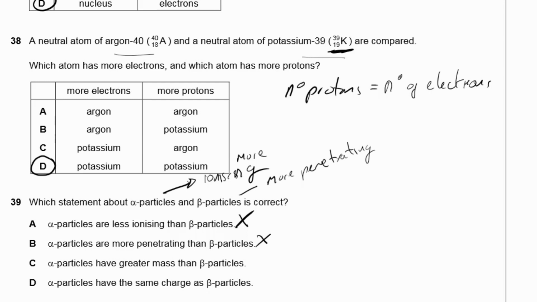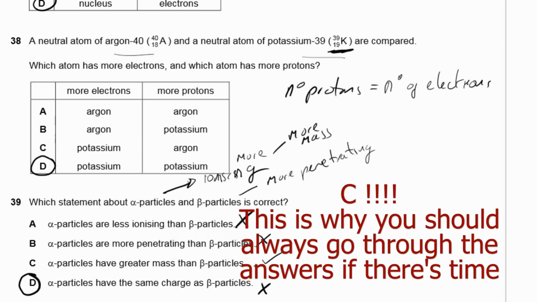We're going on to mass. Interesting, because alpha particles do have more mass. So yeah, that's actually true. Alpha particles have a greater mass than beta particles. And D. Alpha particles have the same charge as beta particles. Not true. Alpha particles have 2 positive charges and beta particles 1 negative. So that's option D then.